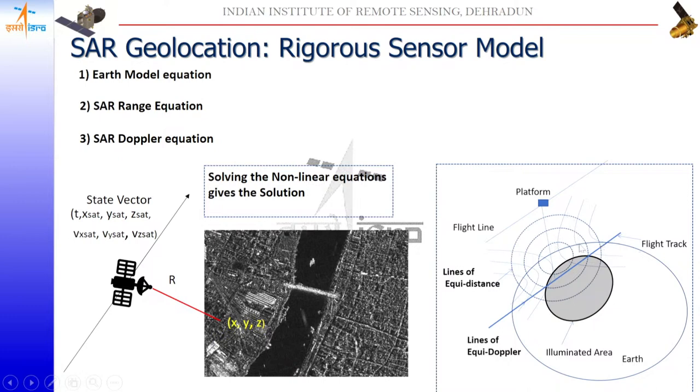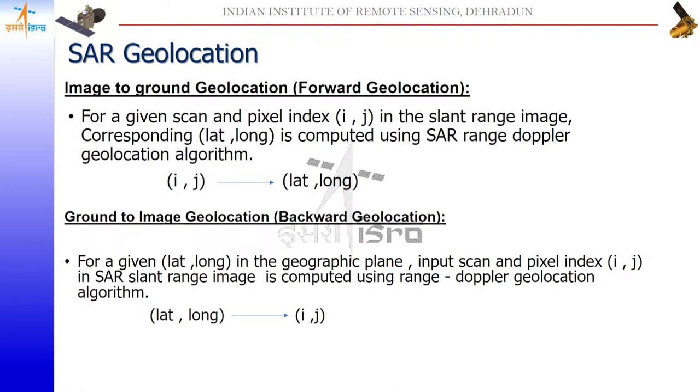The intersection of these three equations gives one unique point, which is the location of the target. In that way we can geolocate any pixel on the ground.